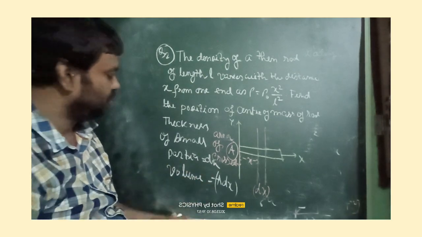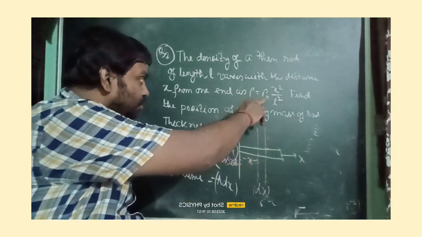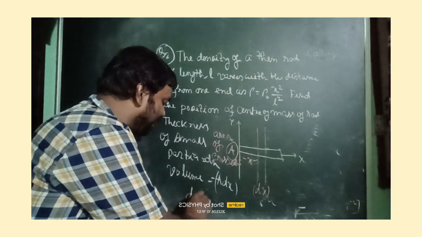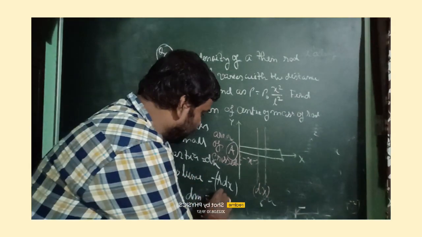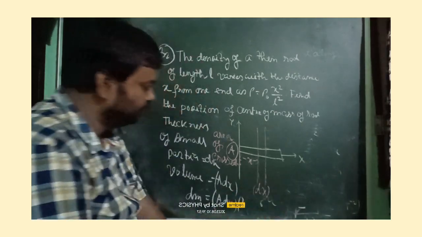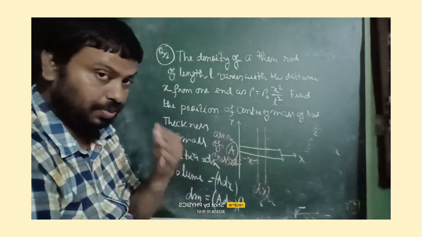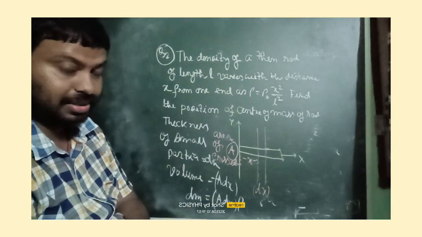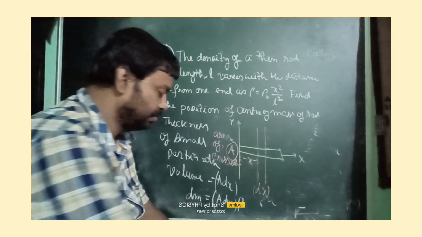Now what is the density? Density is rho equals rho 0 x square by L square. Then the mass dm of that small portion is A dx into rho. Now we are going to find the center of mass of the rod.